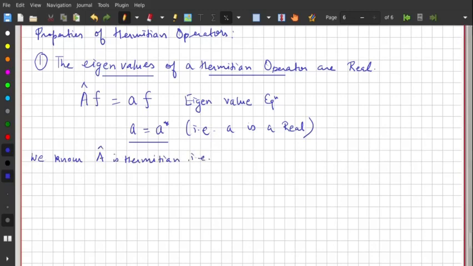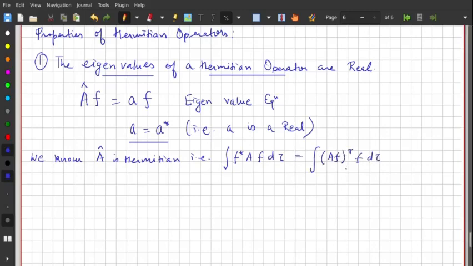That is, the integral of f star A f d tau should be equal to the integral of (A f) star f d tau.